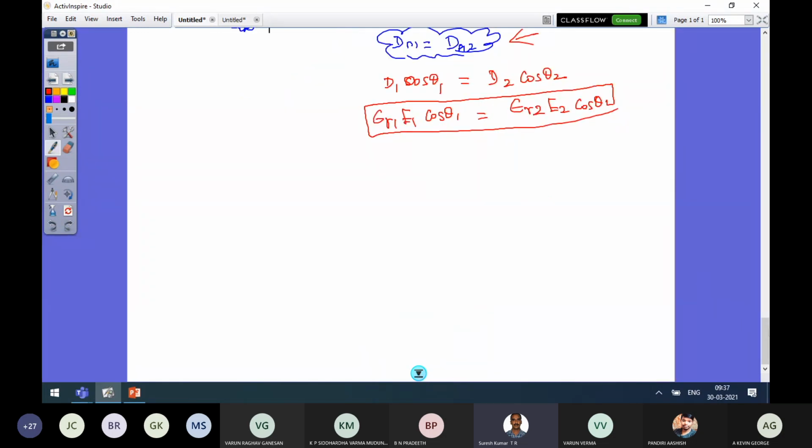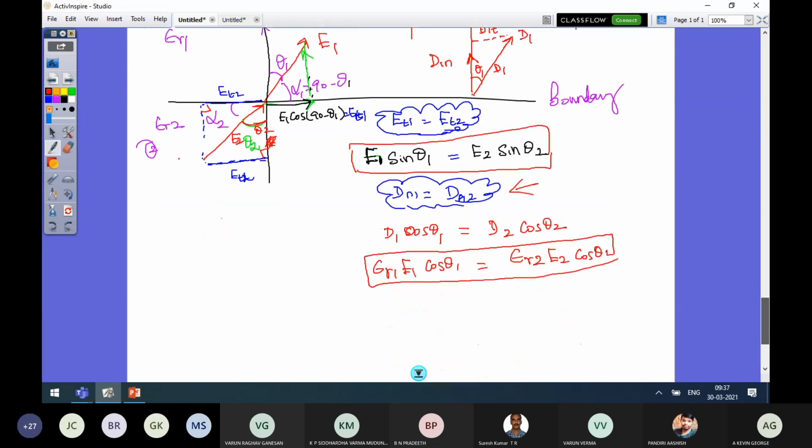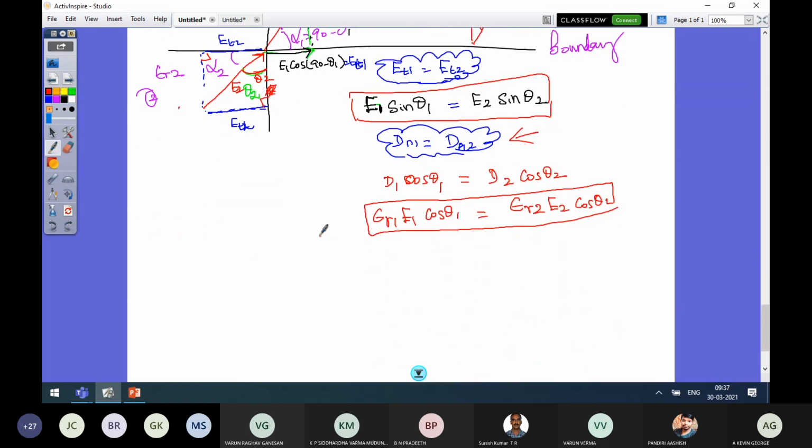Now we can take the ratio of these two equations. If you take the ratio of both, then you will get tan theta 1 over tan theta 2 is epsilon r1 over epsilon r2.